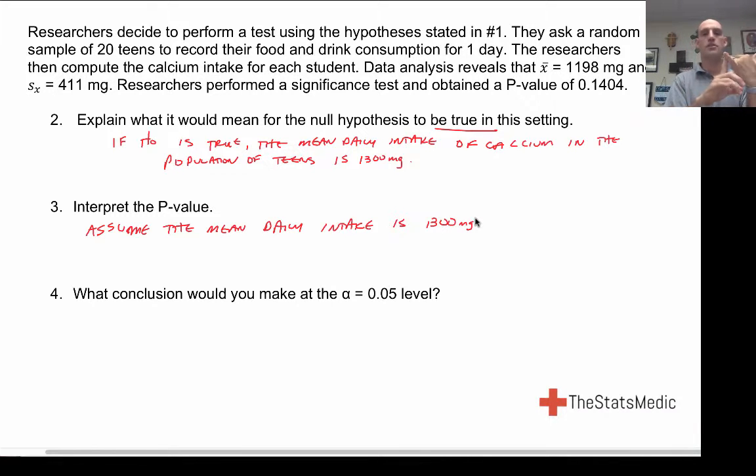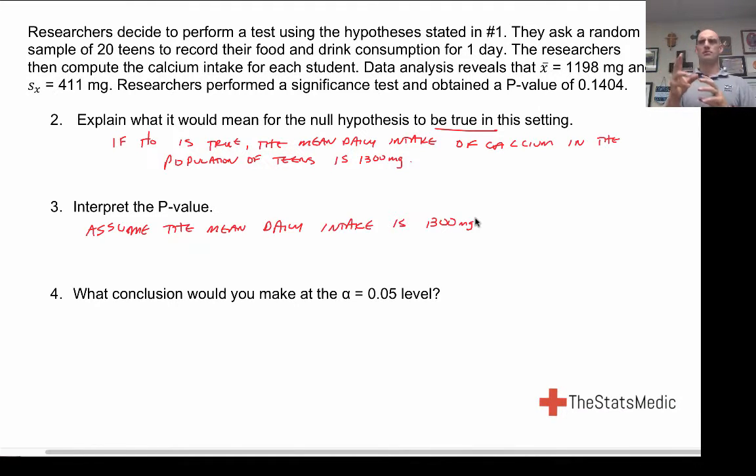So we assume that the 1,300 milligrams is true, and we run this experiment. And what we find is, what is the probability of it actually being 1,300 milligrams? Does that make sense? So we assume that it's 1,300, and we run the test as if it is 1,300 milligrams.